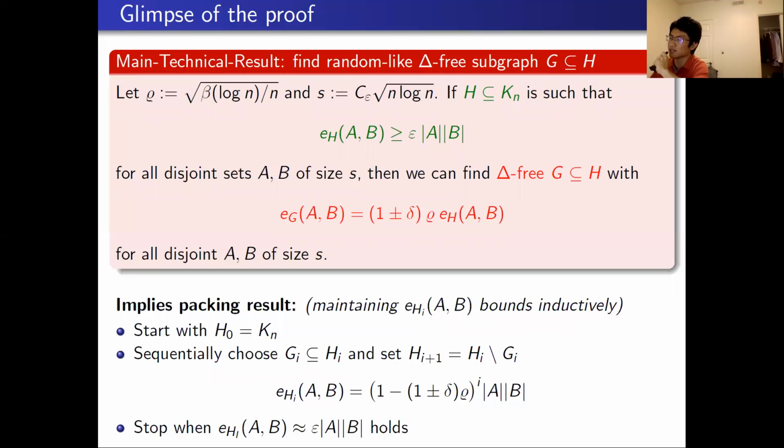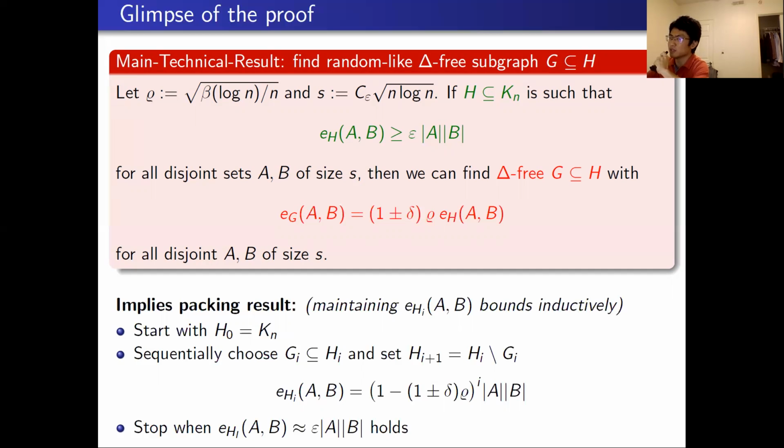Because H0 is the complete graph Kn, the number of edges between A and B in Hi is around this fraction times the size of A times the size of B. To apply our technical result, we just need to keep this fraction at least epsilon. Then we can keep using our technical result to find the Gi. And we will stop when the number of edges between A and B is around an epsilon fraction.